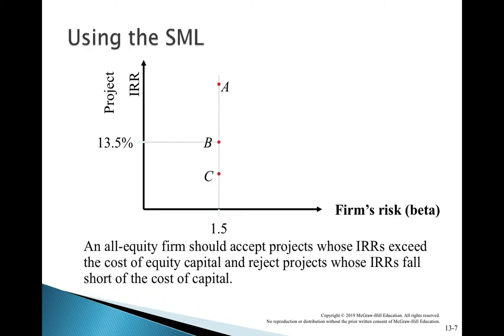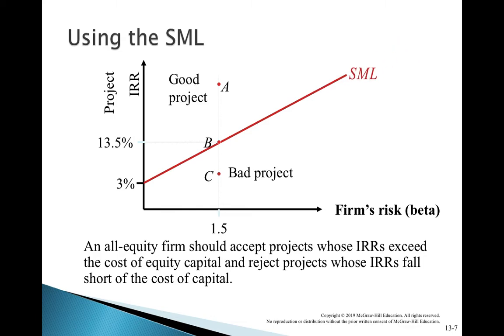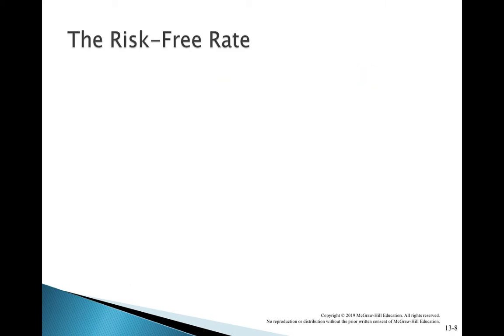Now, we have seen the risk-free rate of return in the previous chapter. We have drawn the security market line, and anything above the security market line is profitable. Anything below the security market line is loss-making. Now you see, a very interesting situation.